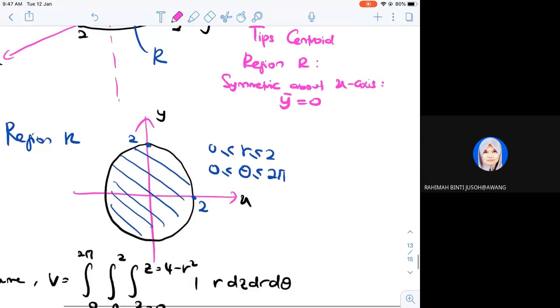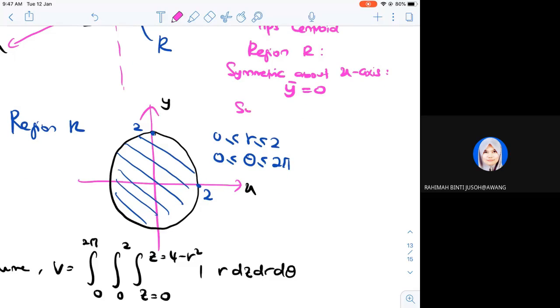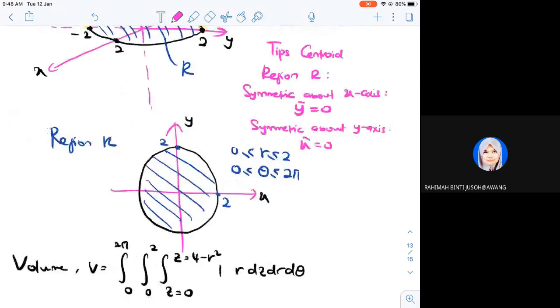If the region R symmetric about y-axis, means the x bar equals to 0. So in this case, graf kita ni, kalau you tengok region R ni, dia memang akan jadi 0 lah. Region R kita ni symmetric pada x, symmetric pada y kan? Both kan? Faham tak konsep symmetric?